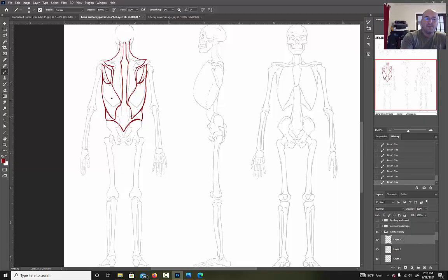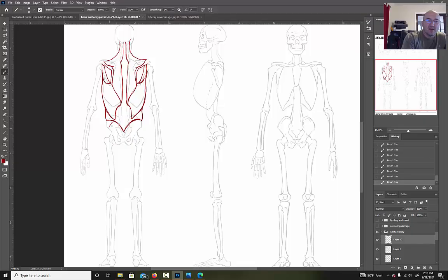So this white area here and this white area here are all fascia and tendon. So we're not going to concern ourselves with that too much. We're just going to worry about the major muscle groups.